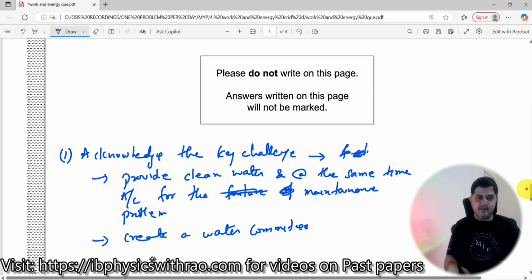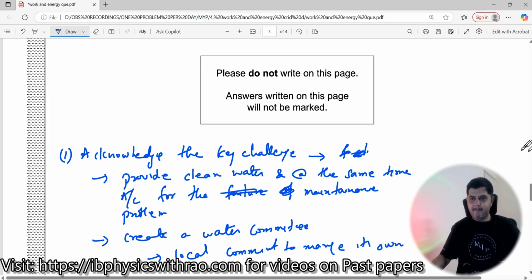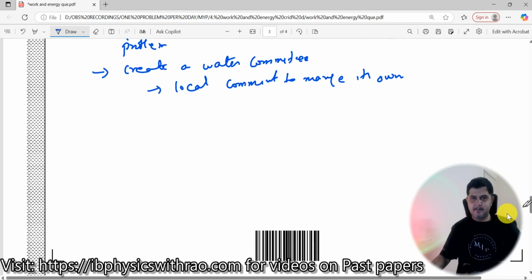It empowers the local community to manage its own resources. That is the first thing that it does.